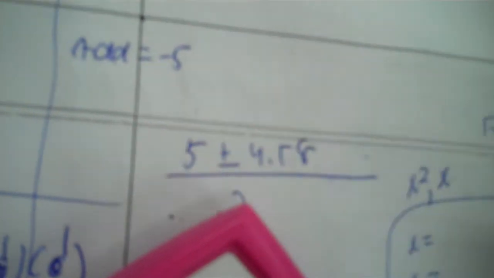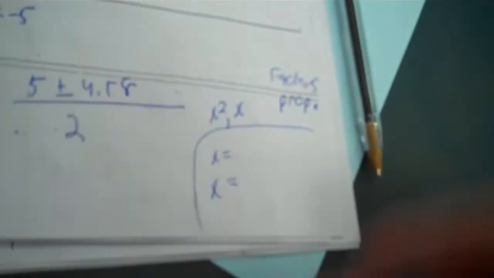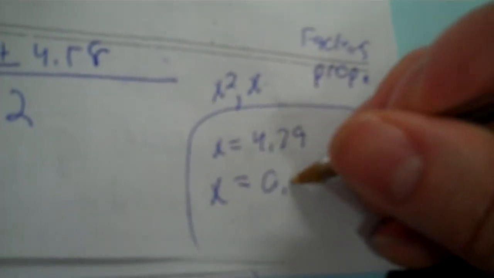Don't put 21 down there. You put the square root of 21, which is 4.58. Now I take 5 plus 4.58, then divide by 2, 4.79. Then you take 5 minus 4.58, divide by 2, 0.21.